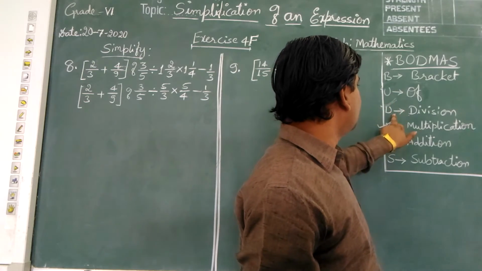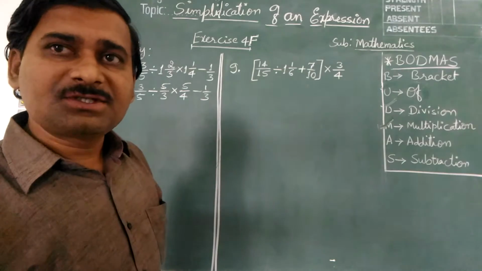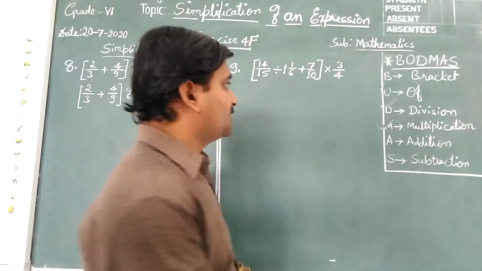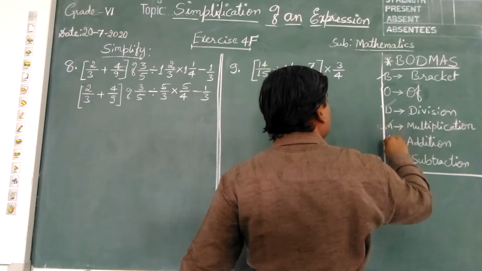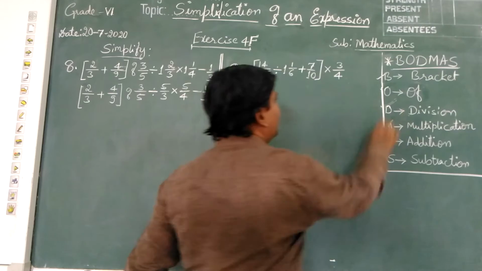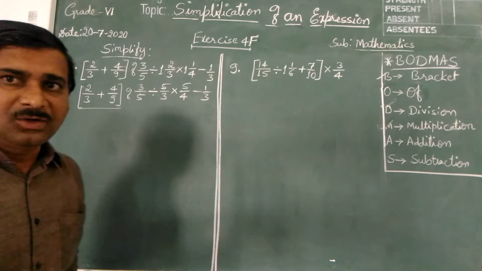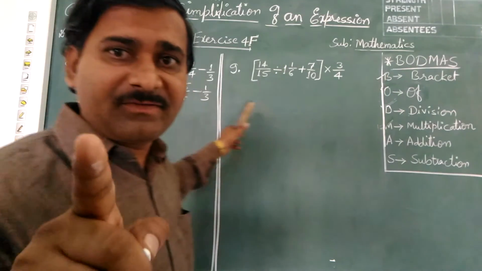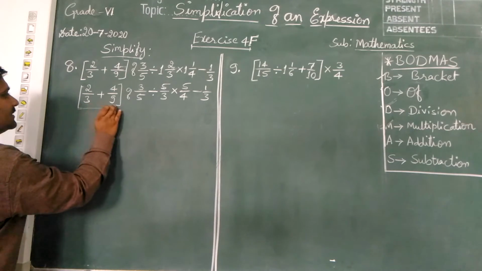So now we should use BODMAS. See children, first is what? First operation is bracket. So first simplify the bracket. Don't go to the 'of' now, because before 'of' the bracket is there, therefore we should start with the bracket.